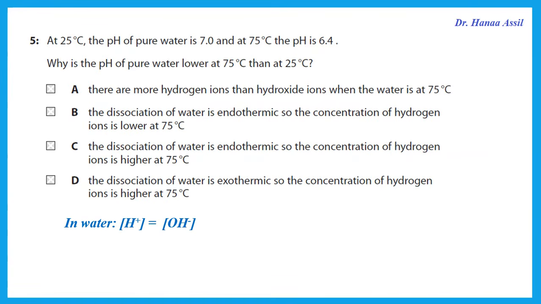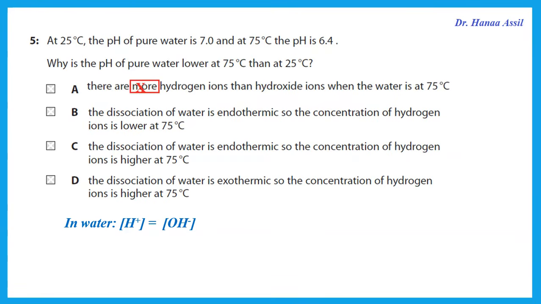In water, the concentration of H+ ions is always equal to the concentration of OH-, and that is why we always say water is neutral even if its pH is lower than 7. So A is wrong. The dissociation of water is endothermic, so the concentration of hydrogen ions is lower at 75.